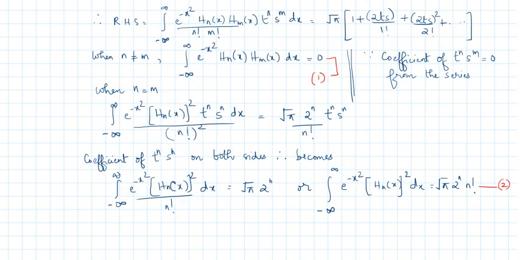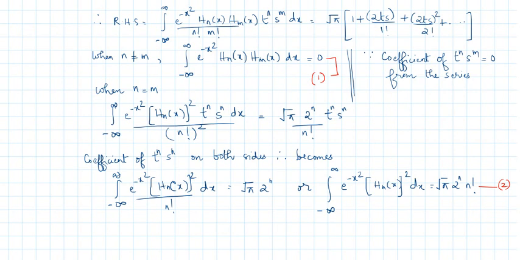And now this was the term that I had on my RHS, a term t raised to n s raised to m. So now if I equate the coefficient of t raised to n s raised to m on both sides, specifically with the case n not equal to m.